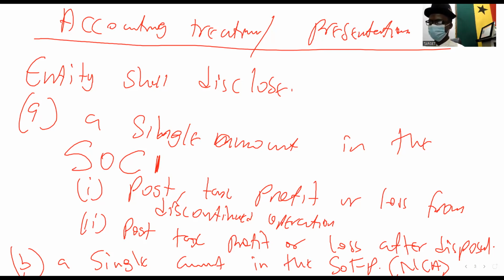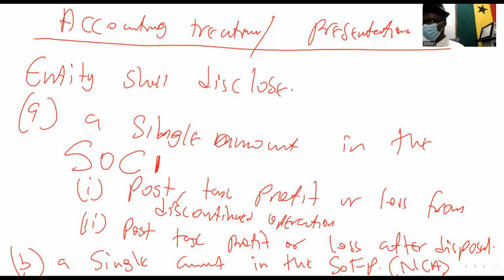Additional disclosure requirements: you might describe the non-current assets or the disposal group. You also have to disclose the fact and the circumstance of the sale.